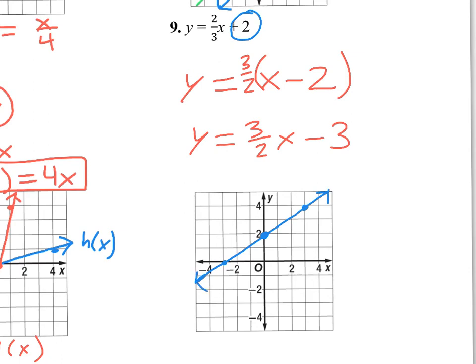Alright, so these aren't in function notation, so I'm just going to call this one y. And I guess I can call the inverse, I'm going to put an apostrophe above the y. So I'm going to call the inverse y prime. Alright, so to graph that one, it has a y-intercept of -3, and the slope is 3/2. I go up 3, right 2.